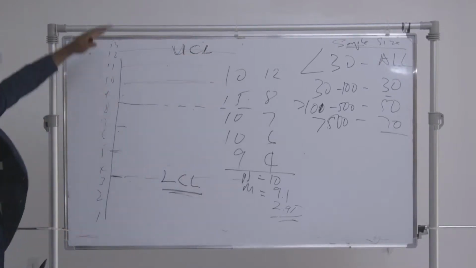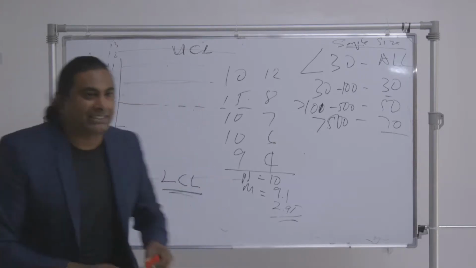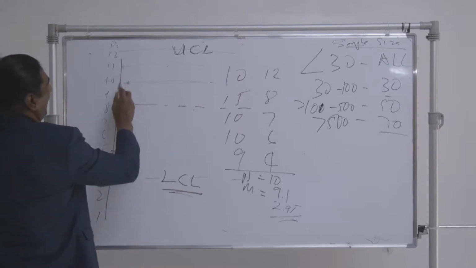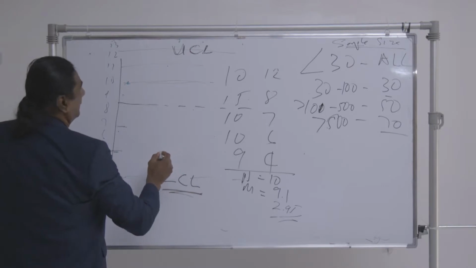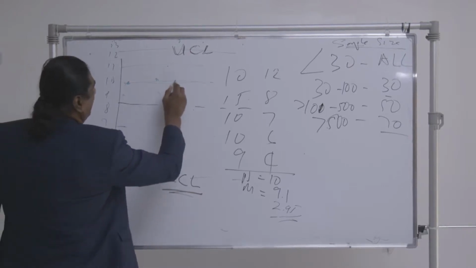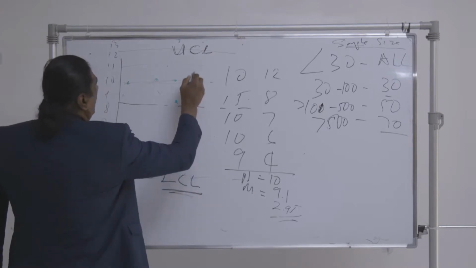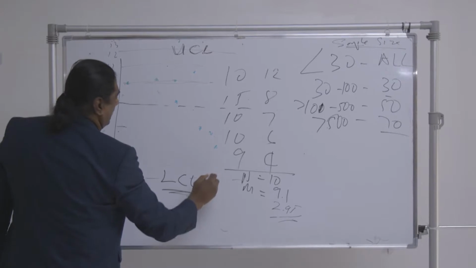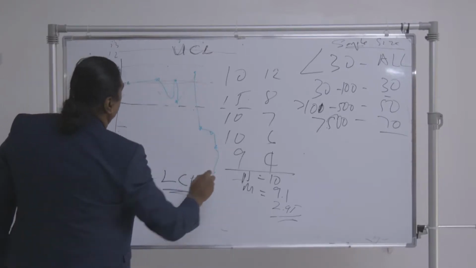Now we just created this, and what we do is take these individual numbers and put them in. That's 10, 15 up there, 10 again, 9, 12, 8, 7, 6, and 4. Then we can join all of these like that.